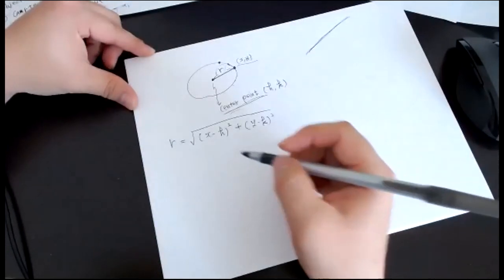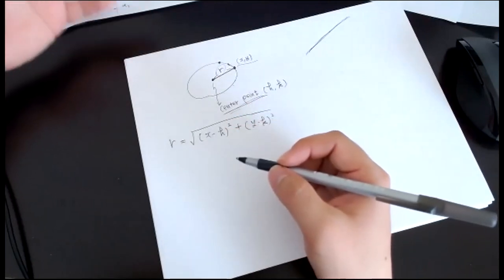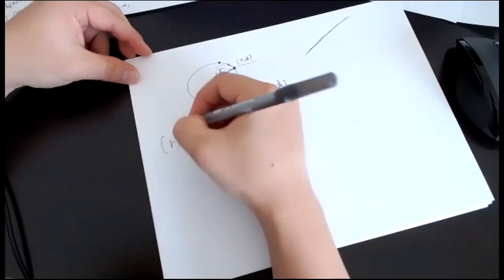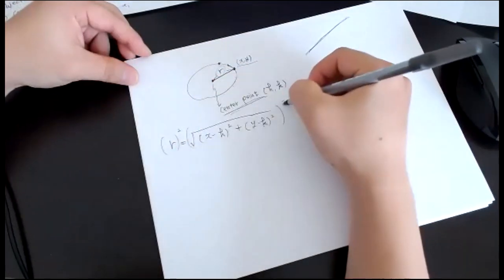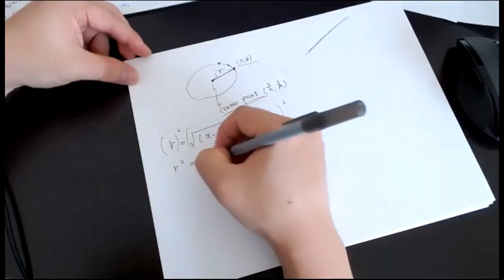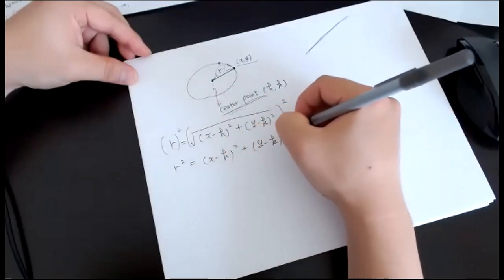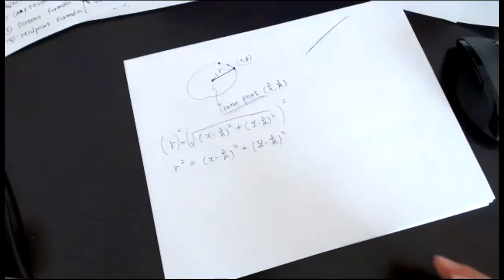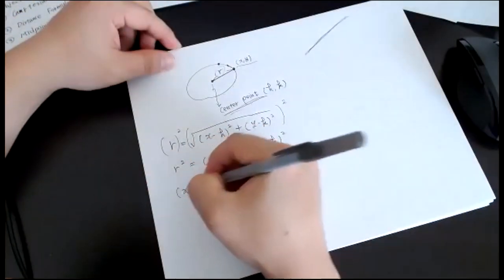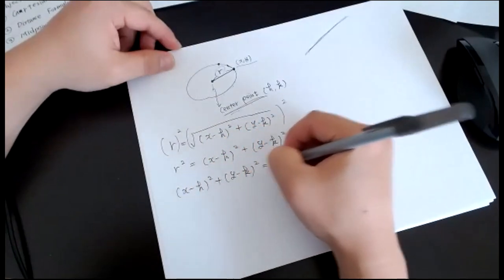Now, because I don't like the square root, because we want just x and x squared, y and y squared on the right hand side, I'm going to square both sides. Then we get r squared is equal to x minus h squared plus y minus k squared. Then I'm going to switch the right and left hand sides. So we get x minus h squared plus y minus k squared is equal to r squared.